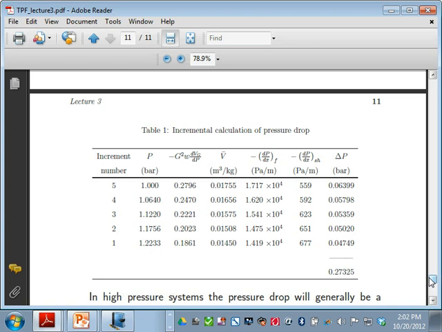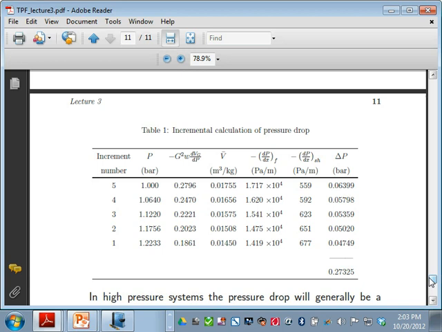I think here segment number 5, at the end of it is 1 bar. So they work backwards, segment 4, 3, 2, 1. Because the pressure at the outlet is 1 bar, at the inlet we don't know. Just now we estimated about 1 bar plus 7 kPa, but maybe not correct.